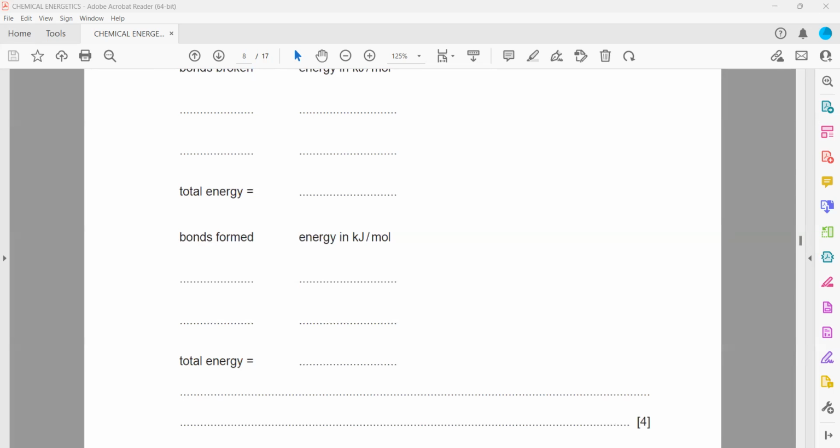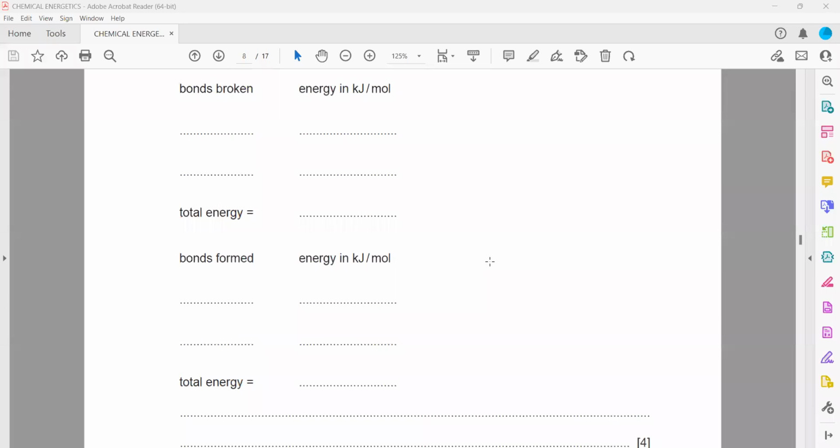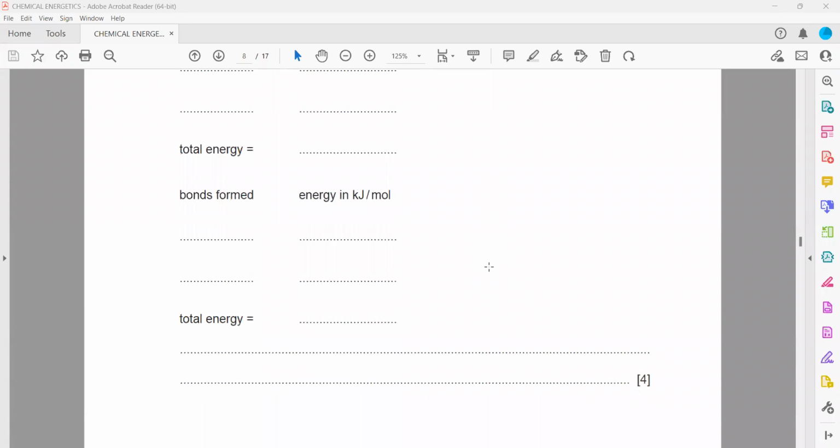Yes, sir, clear. But sir, I didn't calculate the energy change. You have to calculate the total energy, that is the energy change, by taking a difference. Sir, is total energy for the bond breaking and bond forming, or for the energy change?